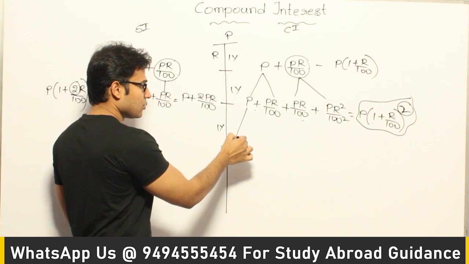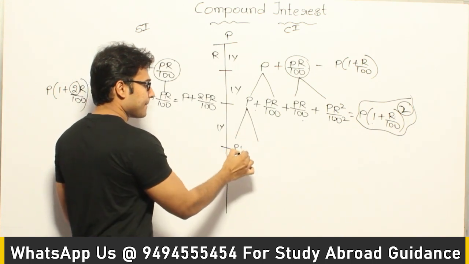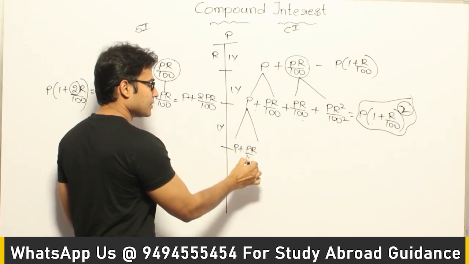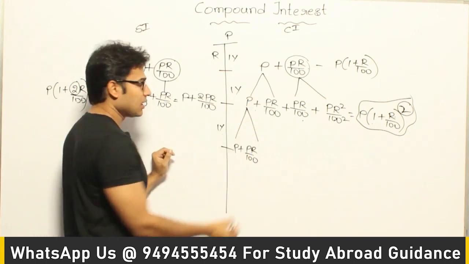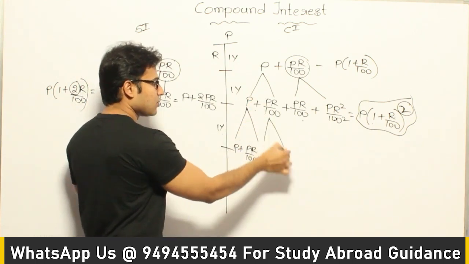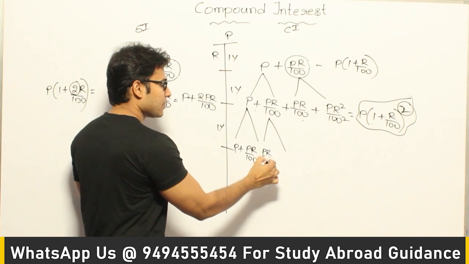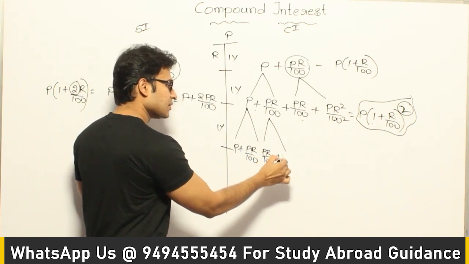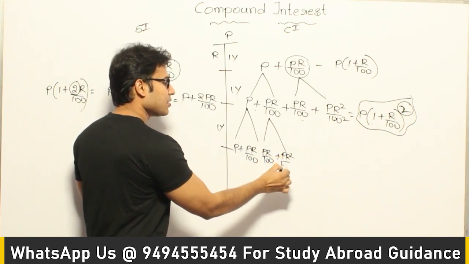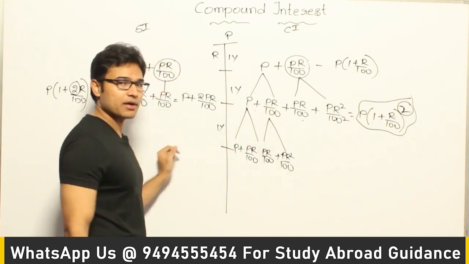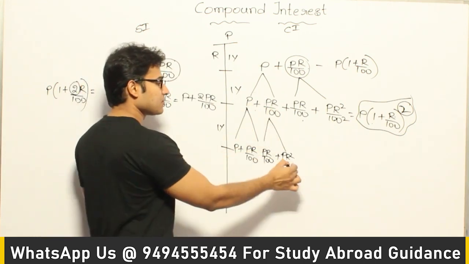Now this amount is going to grow by P plus PR by 100, isn't it? Everything is going to be reinvested. Now what about this amount? This amount is also going to grow by PR by 100 plus P into R square by 100. Why? Because if you multiply it with R by 100, you are going to get P into R square by 100 square.